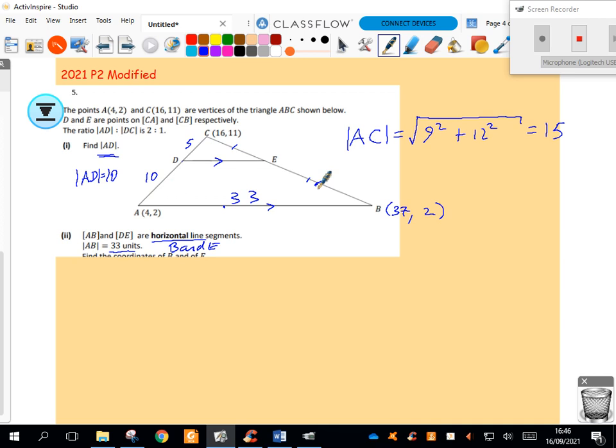Okay? So again, there's 3 parts in that ratio, and I'm just going to examine the vertical change and the horizontal change. The horizontal change from 16 to 37, that's 21. Okay, so the horizontal change, the change in x, is 21. I'm going to break that up in the ratio 1:2, 3 parts in that ratio.